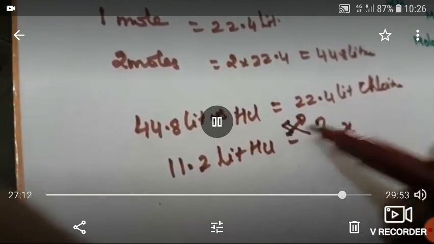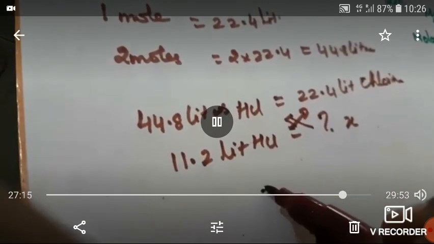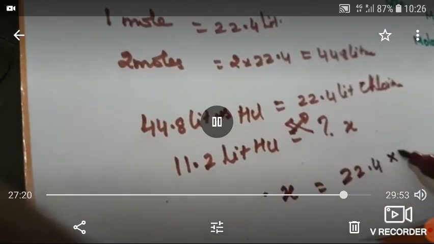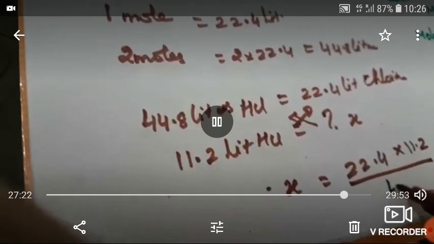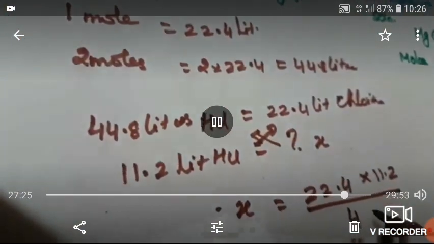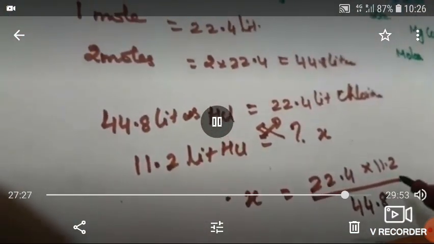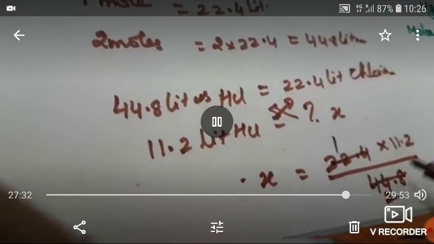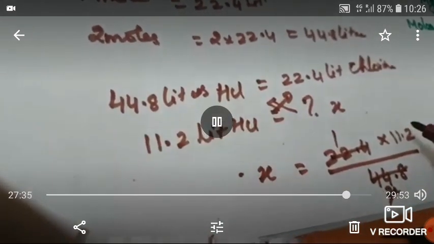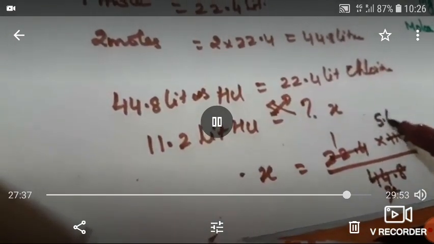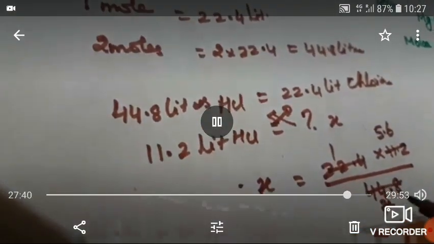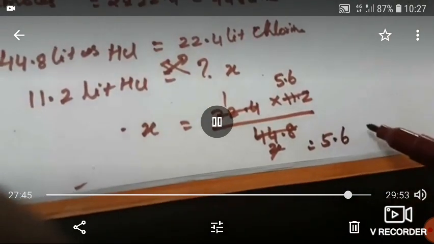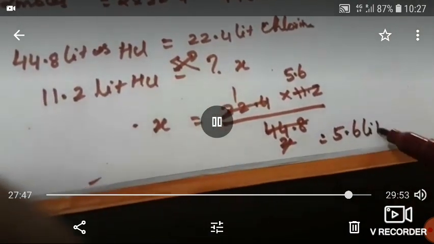Just cross multiplying, x is equal to 22.4 times 11.2 divided by 44.8, which gives 5.6. Okay, so this is the answer: 5.6 liter of chlorine required.